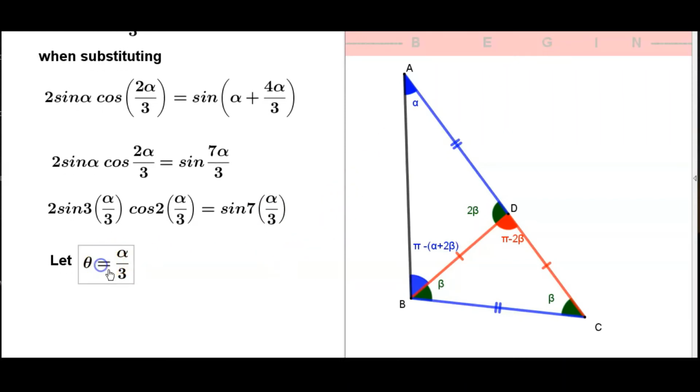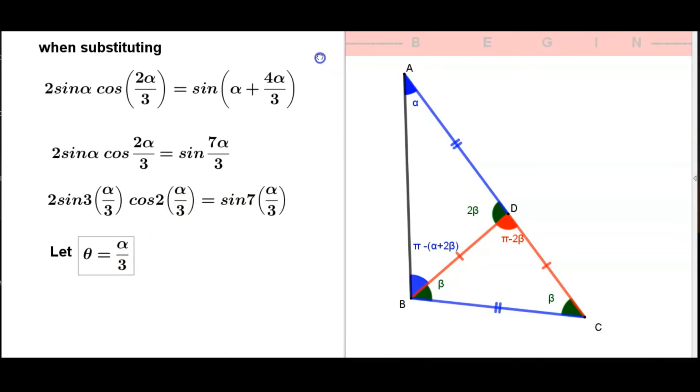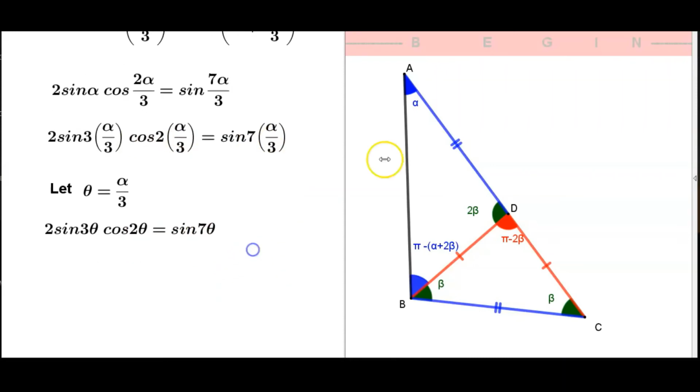Let theta be equal to alpha by 3. Now we do the substitution. Therefore, 2 sine 3 theta cos 2 theta is equal to sine 7 theta.